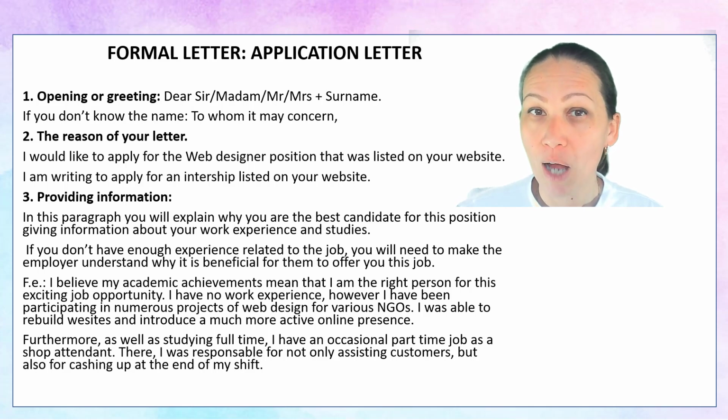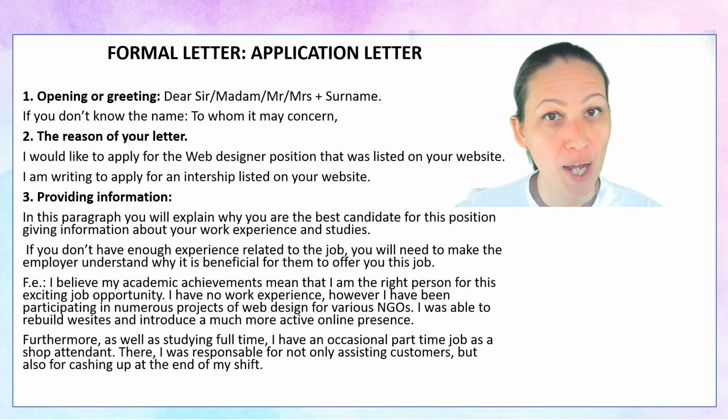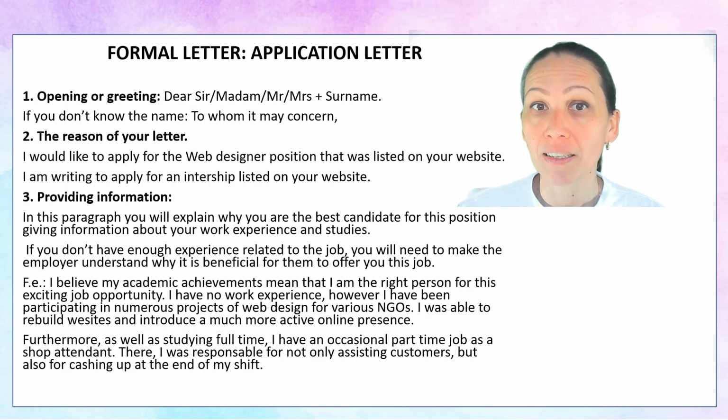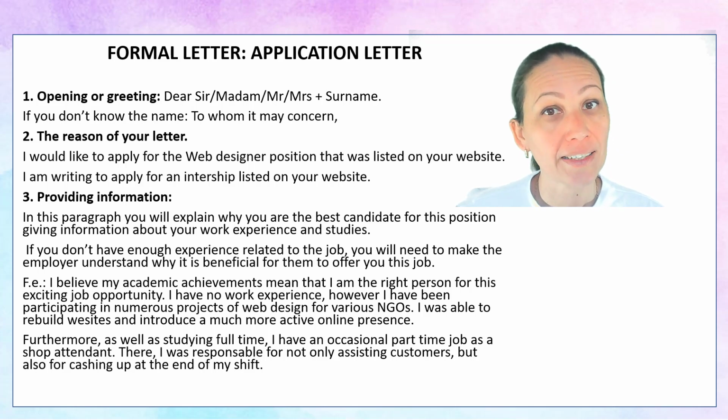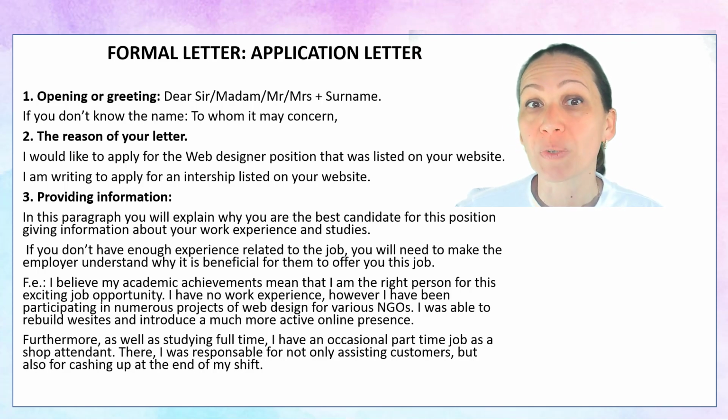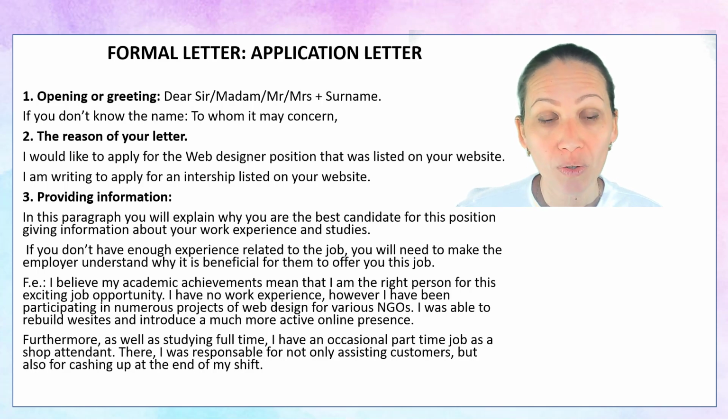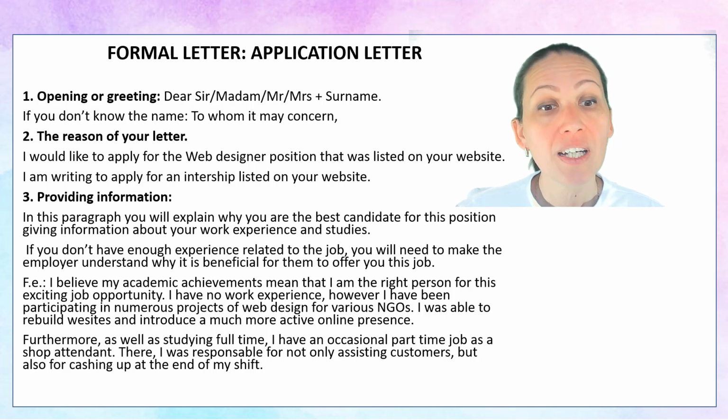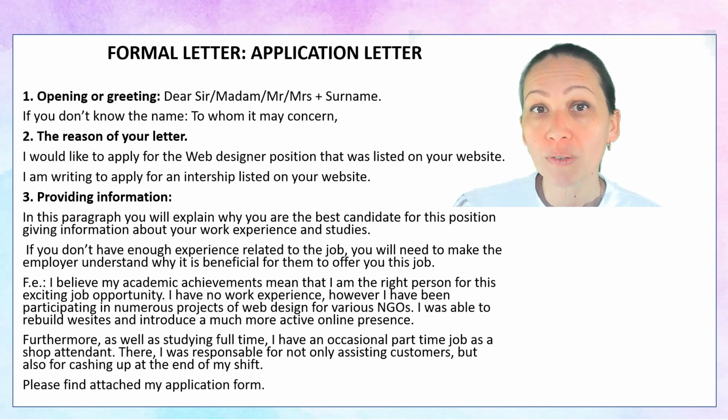With this paragraph, I would like to show that I'm a responsible person because I was studying and at the same time I had a part-time job where I dealt with clients and also I was responsible for cashing up money. So this is something positive about me I'm telling my future employer. Or we also can add a phrase, please find attached my application form. So again, we attach the application form with all details about ourselves.